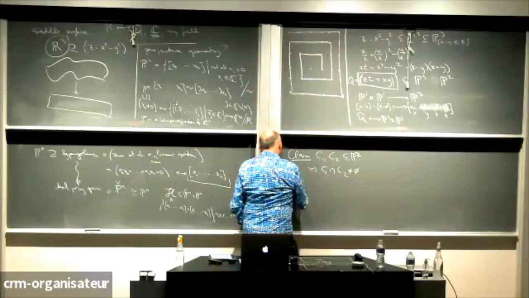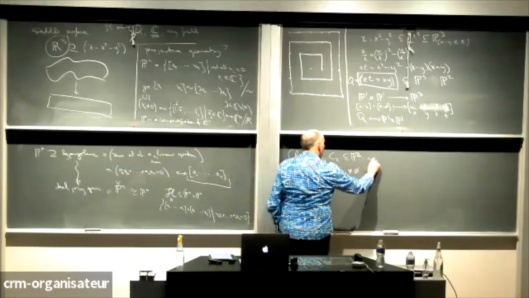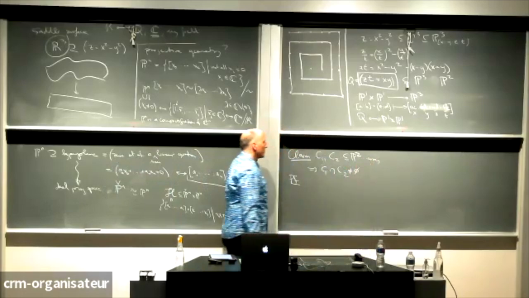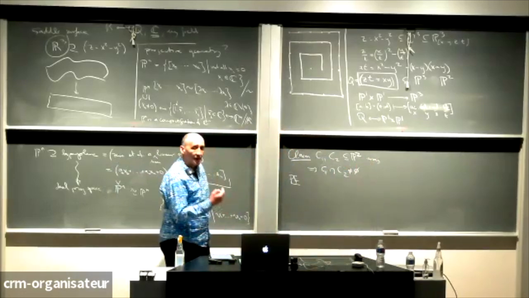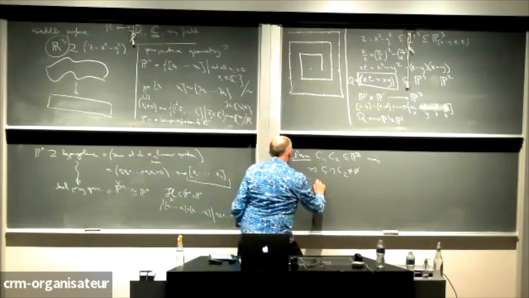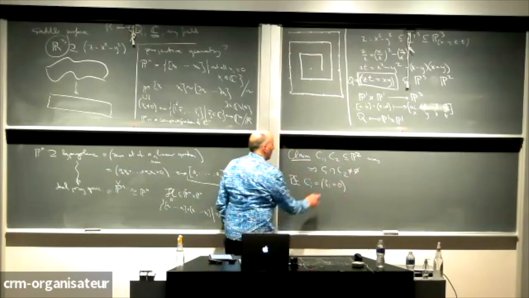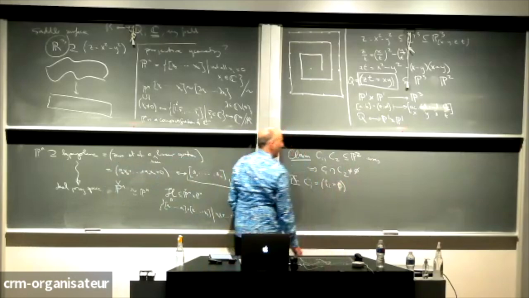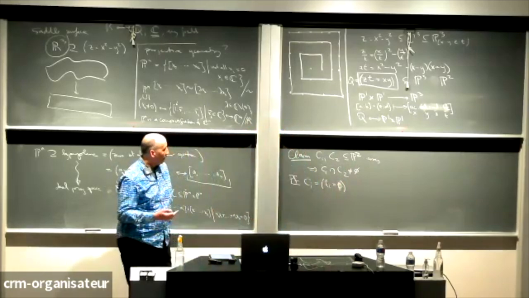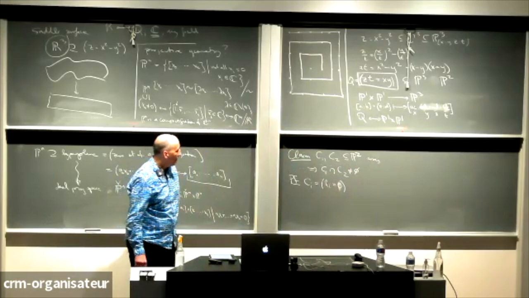Well, the reason for this is that if I have a curve in P2, then it's defined by a single equation. So Ci is the zero set of some homogeneous polynomial with complex coefficients.